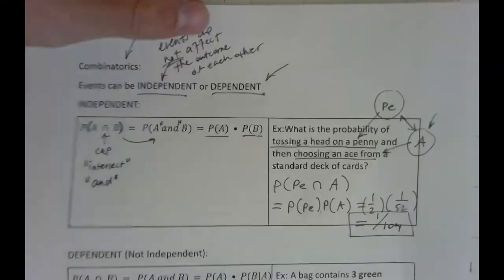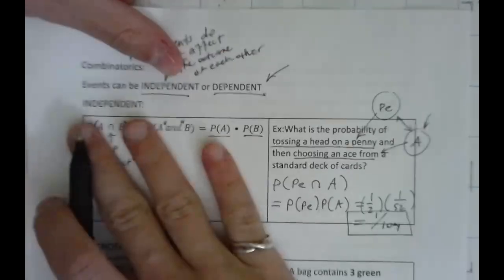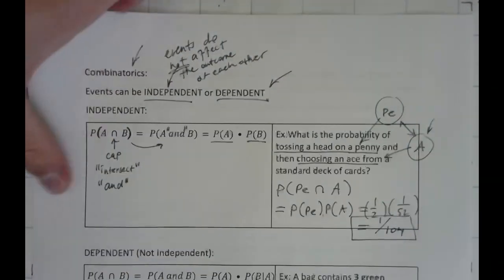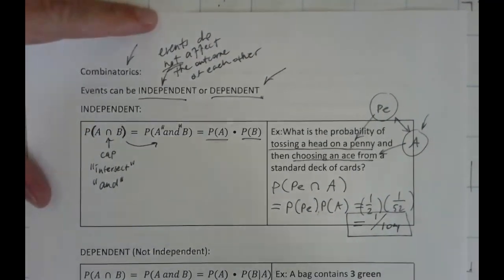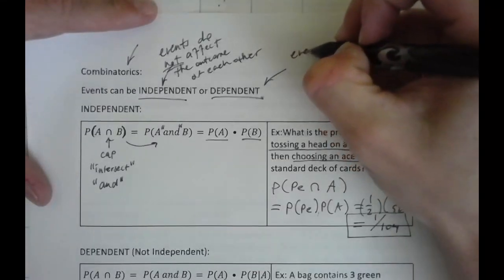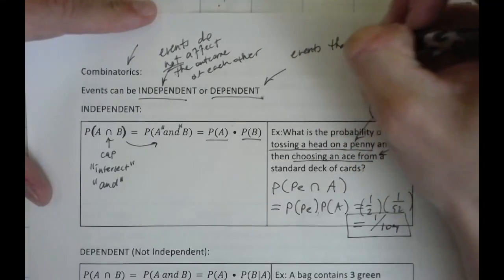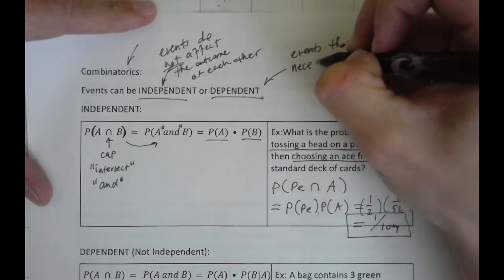Independent is like the nice, fun land. We love independent. Dependent is where it can get tricky. These are events that necessarily affect each other.